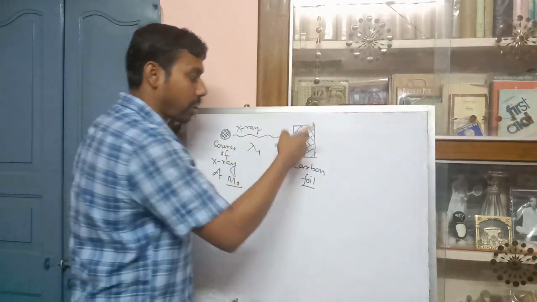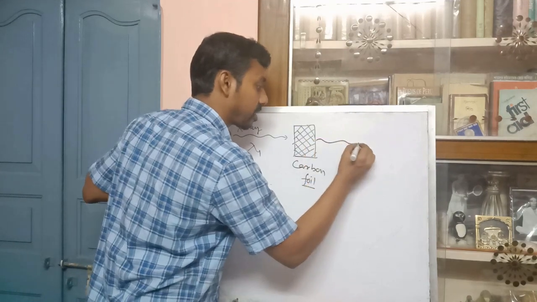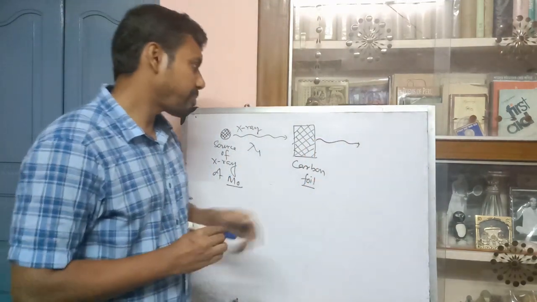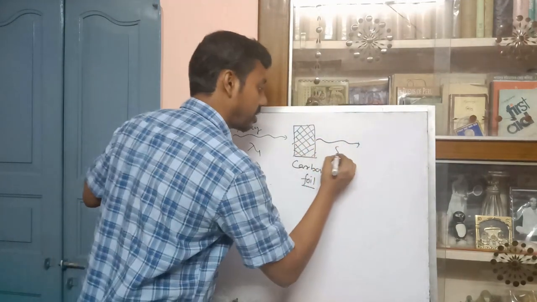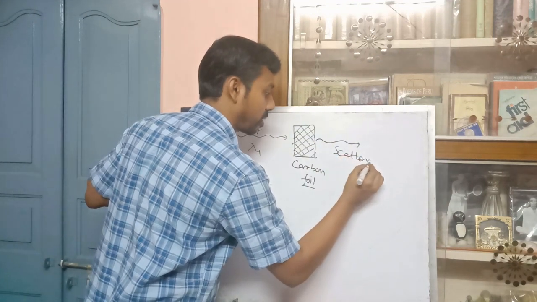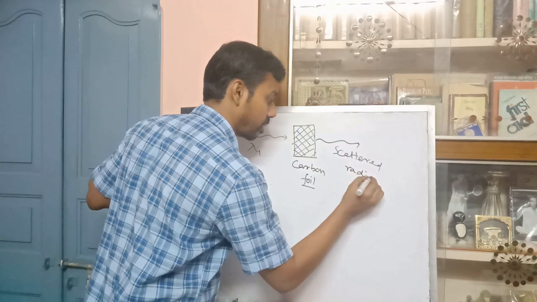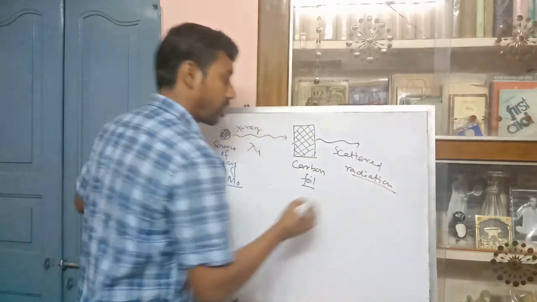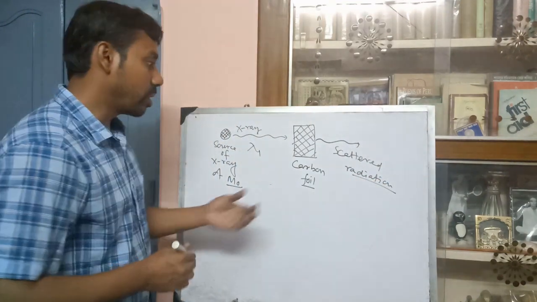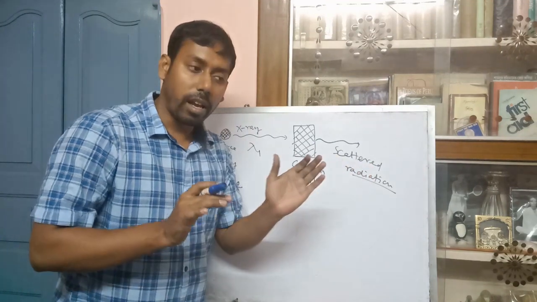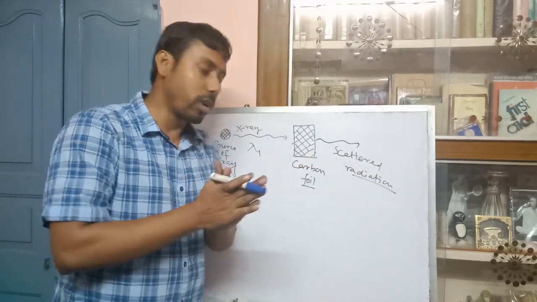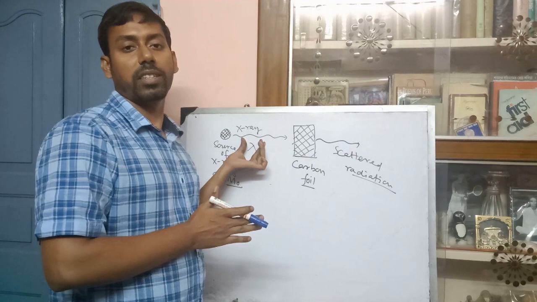After the X-ray falls on the carbon foil, it is scattered. According to the classical theory, this scattered radiation has the same wavelength as the incident radiation.